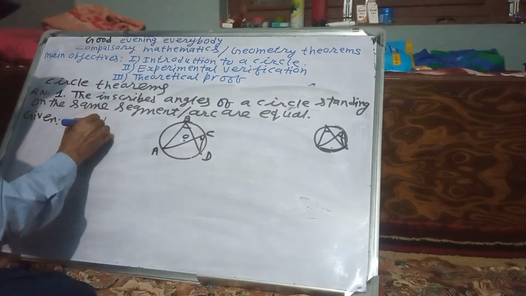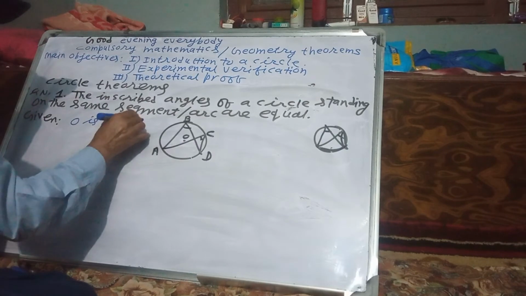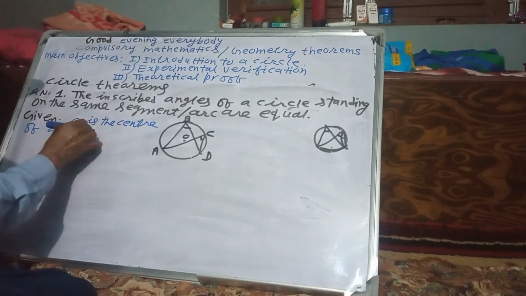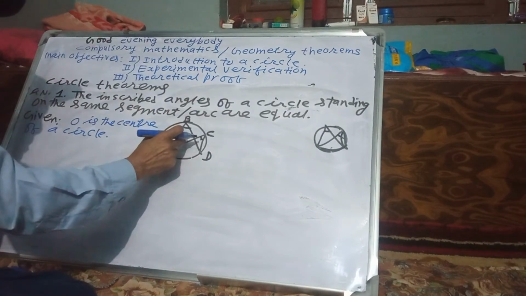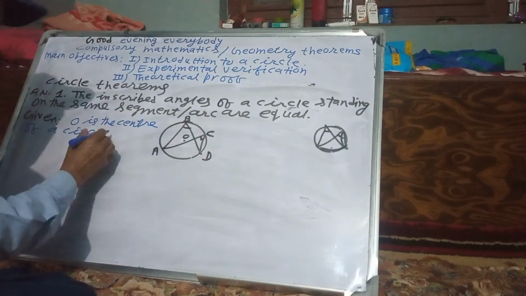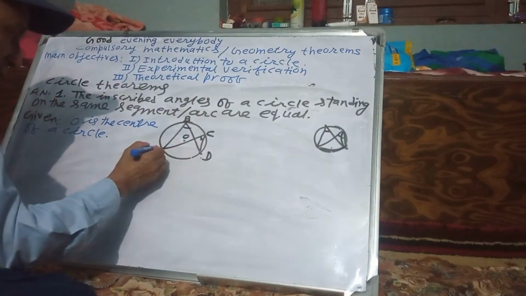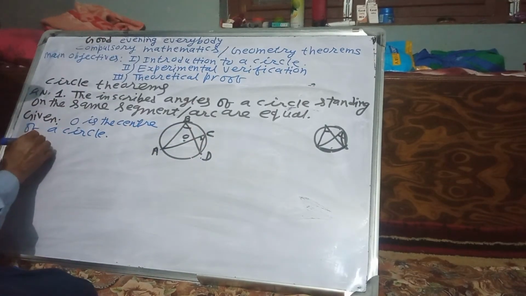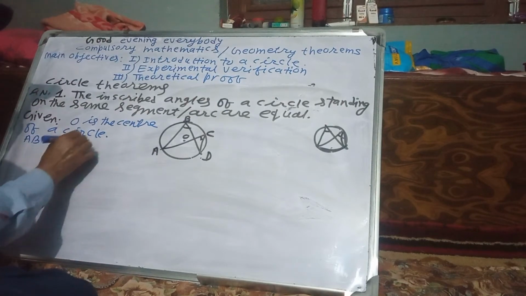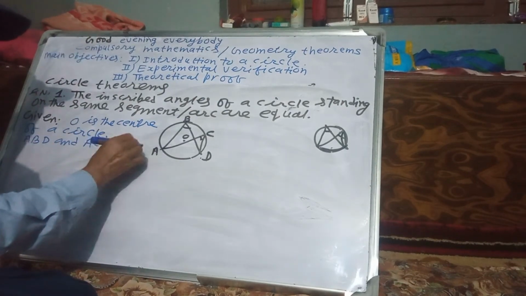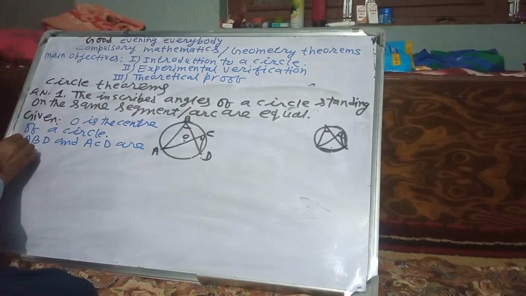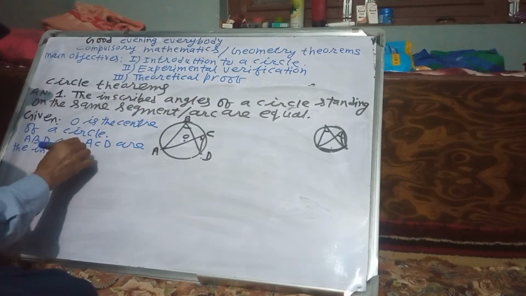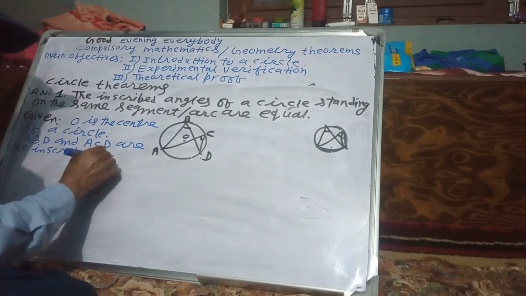O is the center of a circle. Circle O is the center. And ABD and ACD are the inscribed angles. Inscribed means circumference.